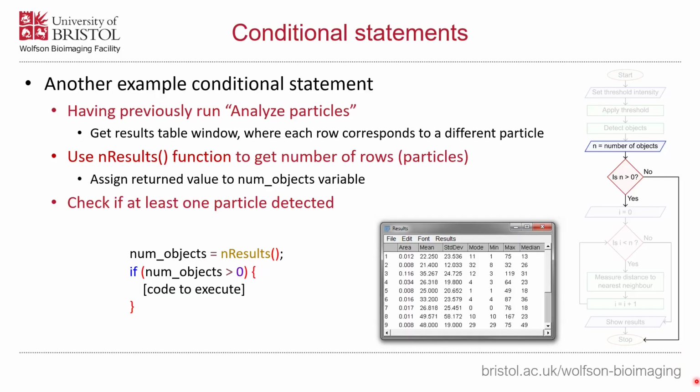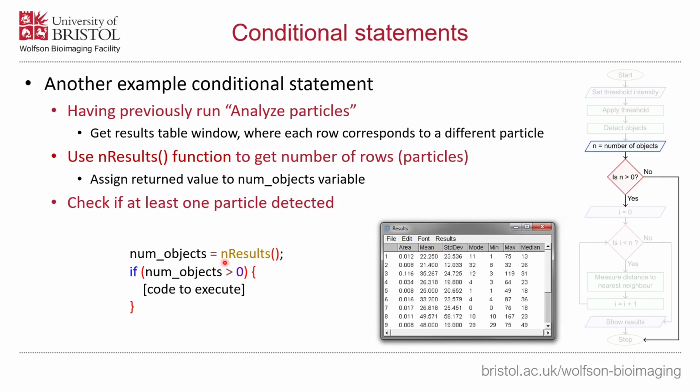Before we go on to looking at loops, what we want to do is just have a quick look at conditional statements slightly further, in particular in the context of this workflow that we're showing on the right hand side, because this is similar to the sort of thing that you'll be using in the second video with DOM. So here we're assuming that we've already run the analyze particles function and that we've got this results table, and we want to determine whether or not we've actually detected anything.